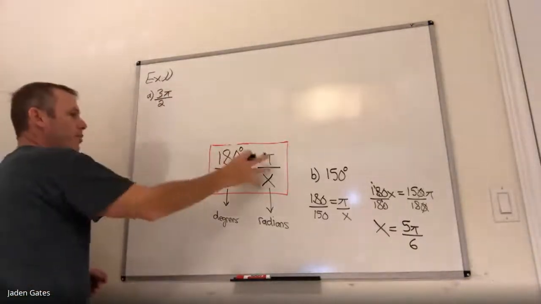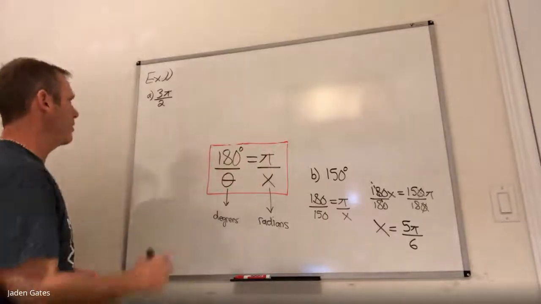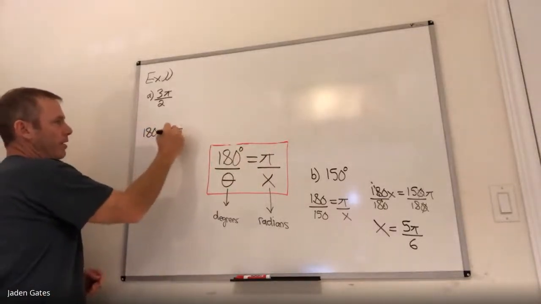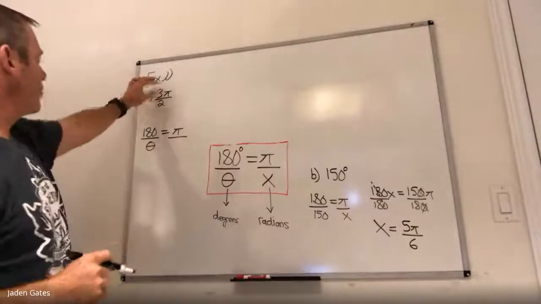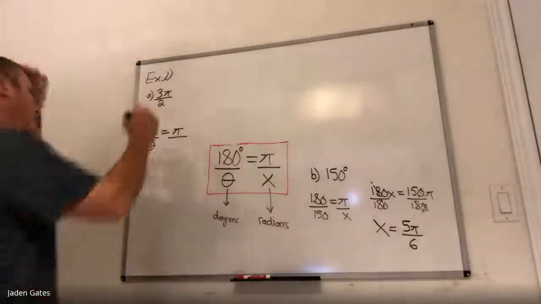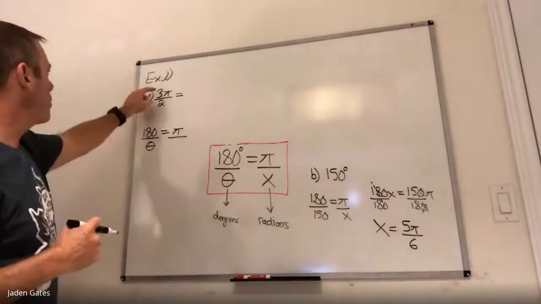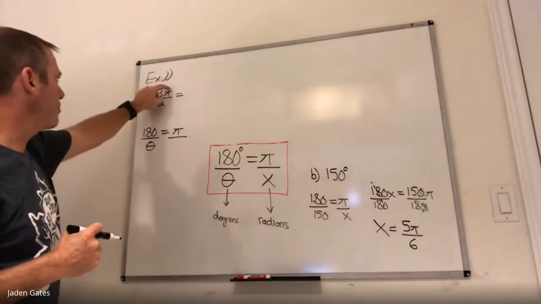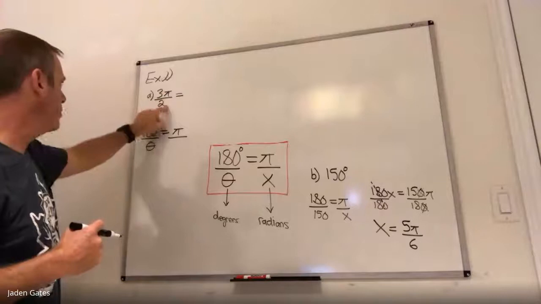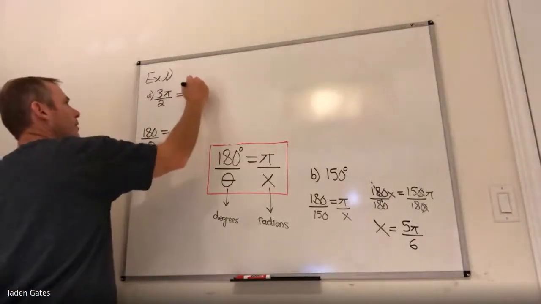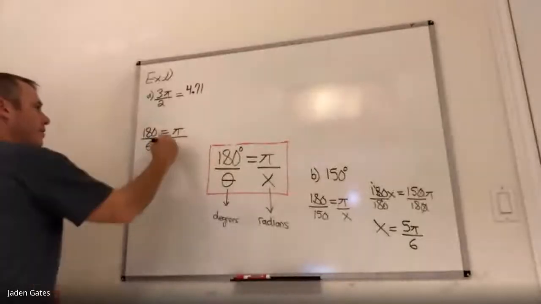Now, because I'm going to use my ratio formula here, I got 180 degrees is equal to pi. We want to know, right, radians. Now, I'm not going to put this 3 pi by 2 in there. What I'm going to do is actually convert it to a decimal. So I got 3 times 3.14 divided by 2, and I believe I get 4.71. 4.71 radians.